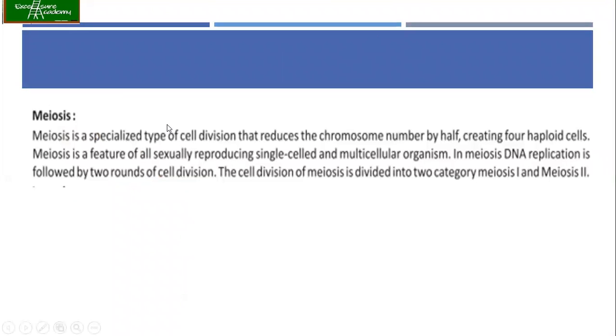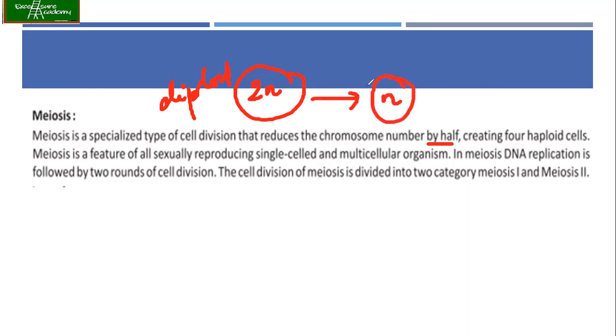So meiosis is a specialized type of cell division that reduces the chromosome number by half. It means, in mitosis, we talked about 2n, that is when we say it is diploid, right? Now, in the case of meiosis, it becomes n. So these are called haploid cells. Mainly your germline cells are the haploid cells, which are responsible for the fertilization, which takes place in the future.